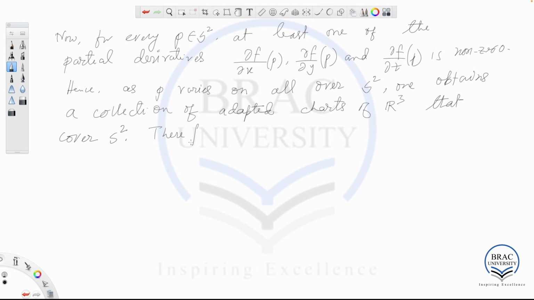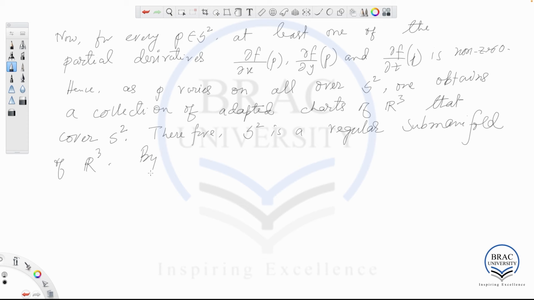Therefore, S2 is a regular submanifold of the three-dimensional Euclidean space.